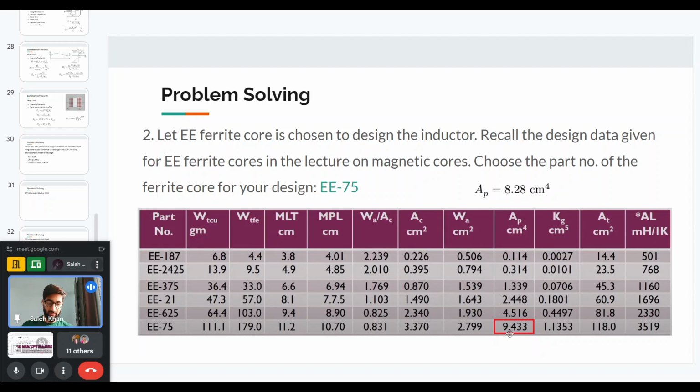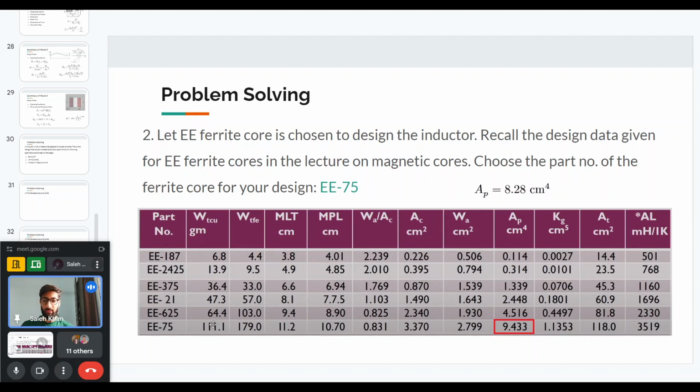We go to the next one, which is 9.4. That is higher than our requirement, so we can use it. This is the smallest core in this list that we can use. So the answer to this one is EE75, the EE core that we can choose.